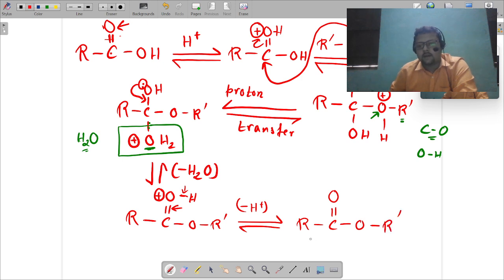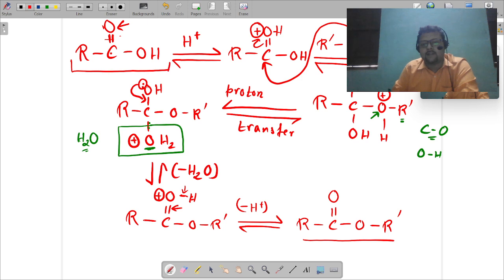But look, at this stage we do not have our starting carboxylic acid, rather we have a different molecule which is known as ester. So this is the whole reaction mechanism of the esterification reaction.